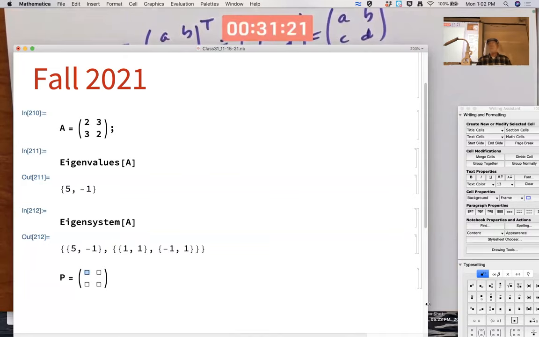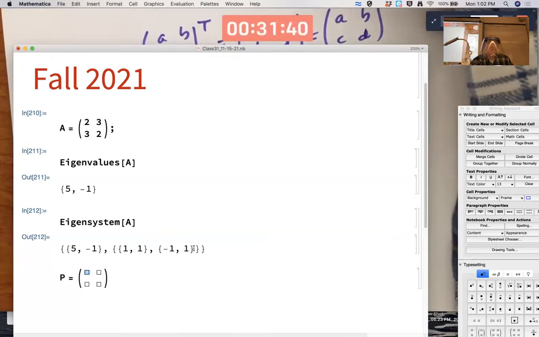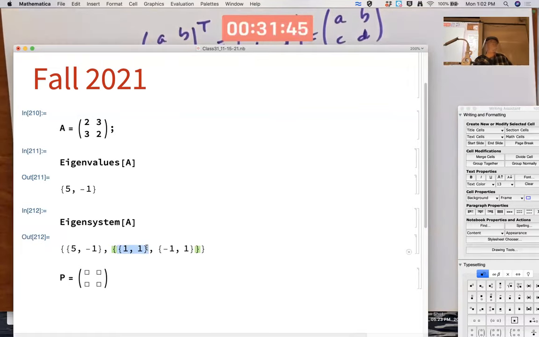One meaning is perpendicular. That's not my meaning here when I say normalize. The meaning I'm talking about is find unit vectors in the same directions as those vectors by dividing them by their length. Both vectors have length square root of 2, right? Square root of 1 squared plus 1 squared. If I multiply that vector by 1 over the square root of 2, I'll get a unit vector.